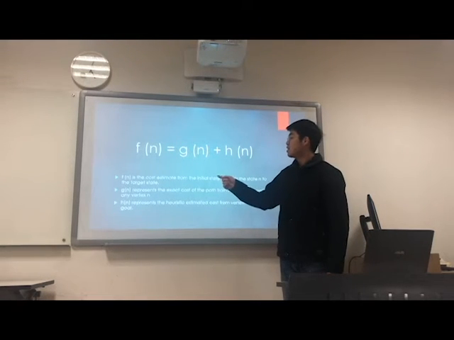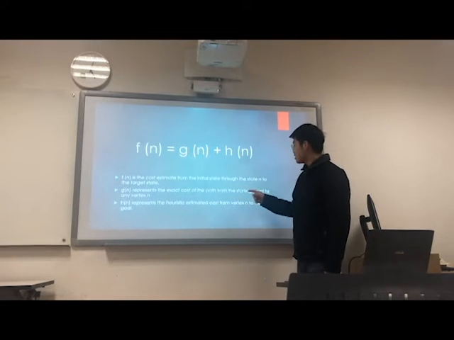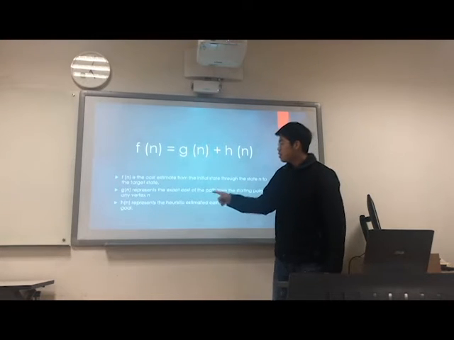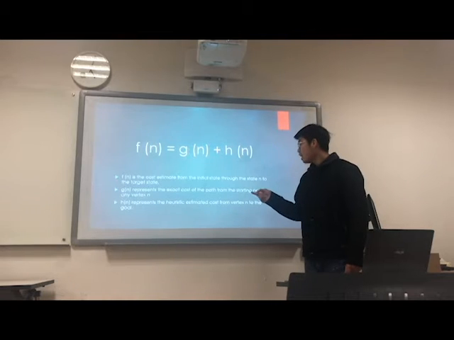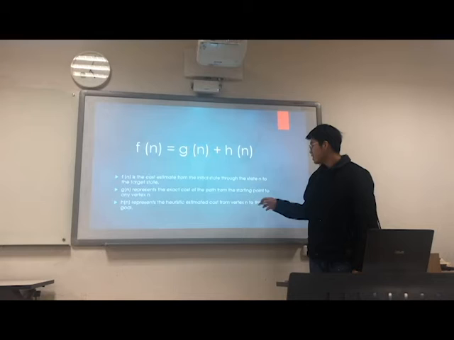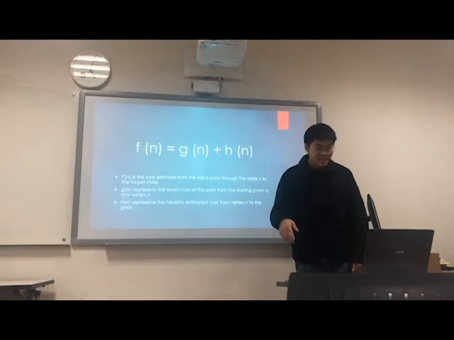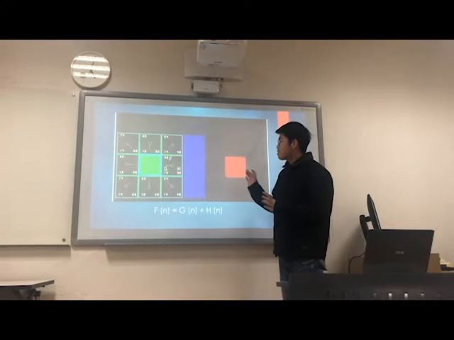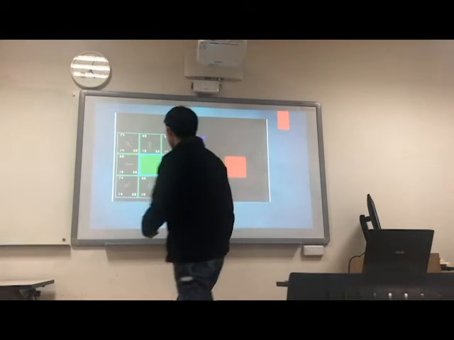Gn represents the exact cost of the path from the starting point to any vertex n, and Hn represents the heuristic estimated cost from the vertex n to the goal. This is a picture that shows this function in detail.